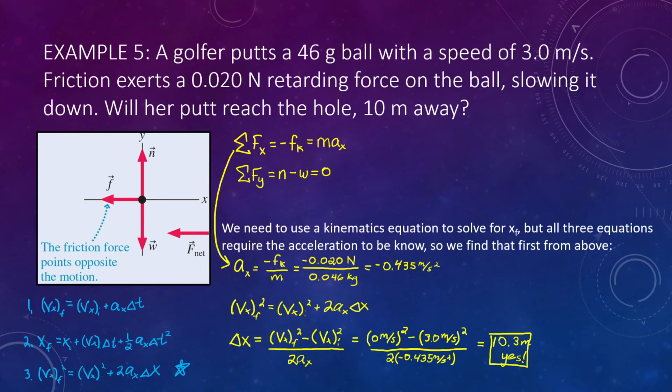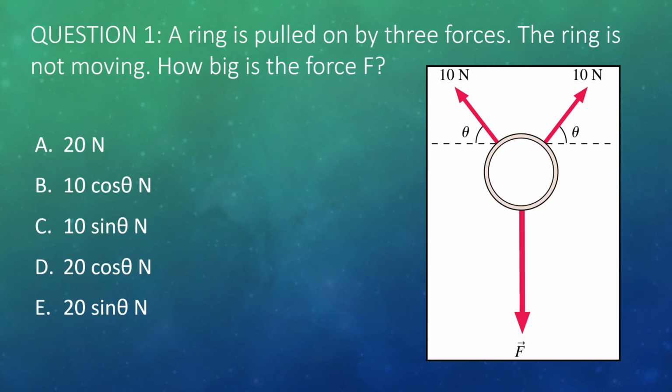Let's conclude this lecture with just one multiple choice question. This question says a ring is pulled on by 3 forces as shown. The ring is not moving. So how big is the force F? Okay. Well, to figure this out, we have to understand how forces work now.